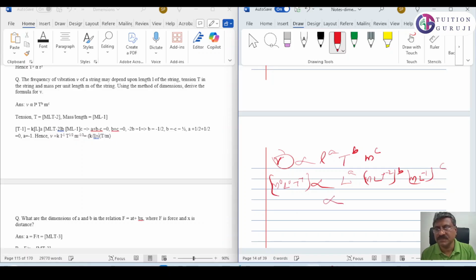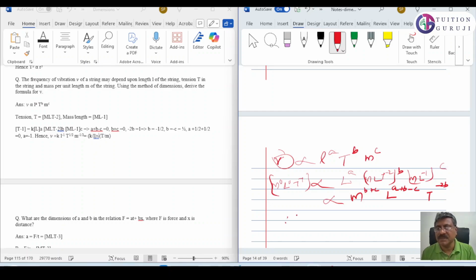So it's proportional to M raised to B plus C, then L raised to A plus B minus C, then T raised to minus 2B.